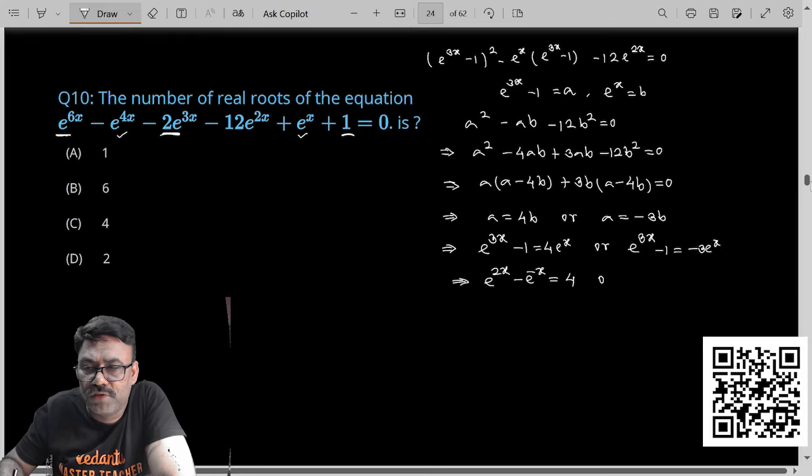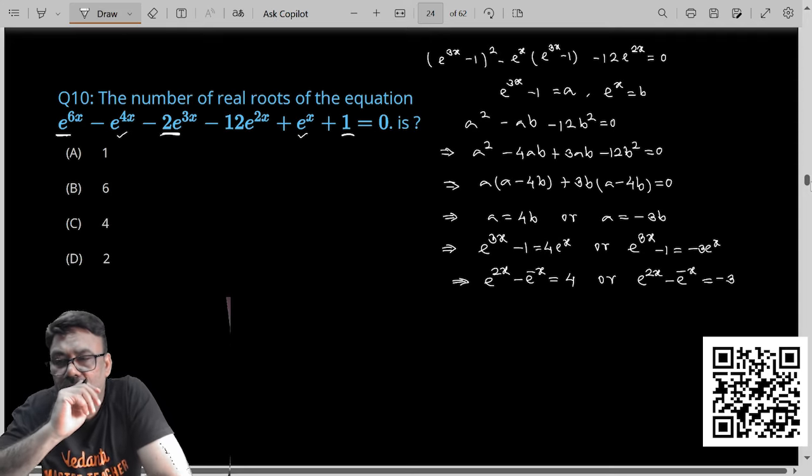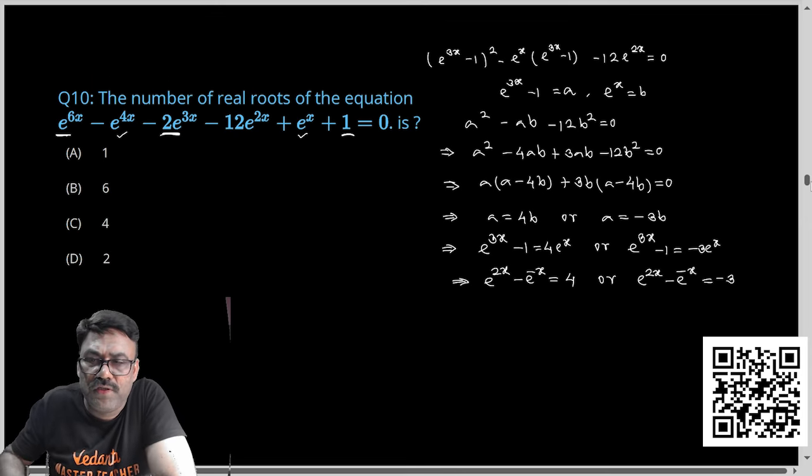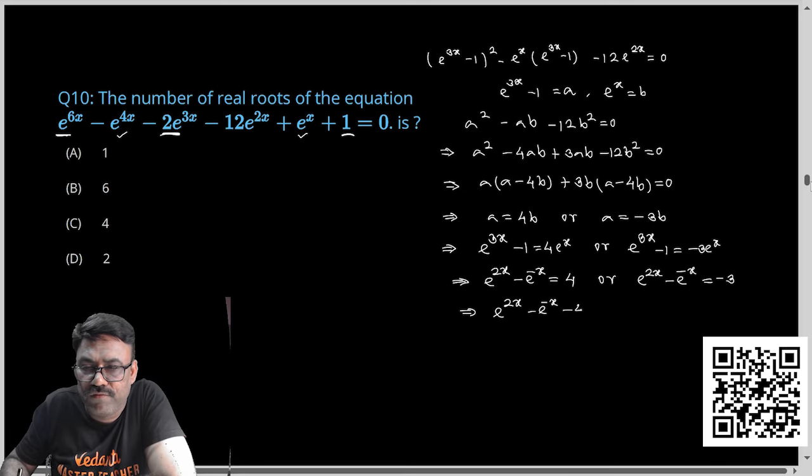And the second equation gives you e raised to 2x minus e raised to minus x is equal to minus 3. In fact, I can write the first equation as e raised to 2x minus e raised to minus x minus 4 equals 0, and the second equation as e raised to 2x minus e raised to minus x plus 3 equals 0.